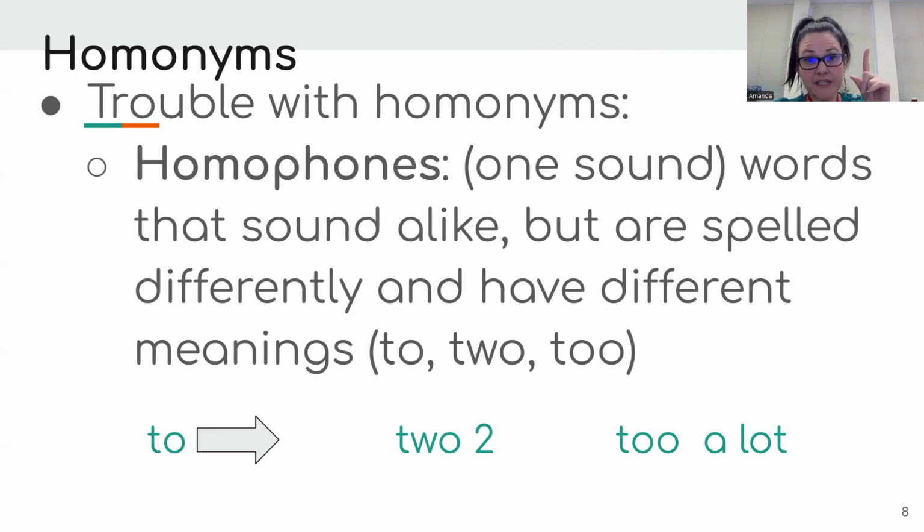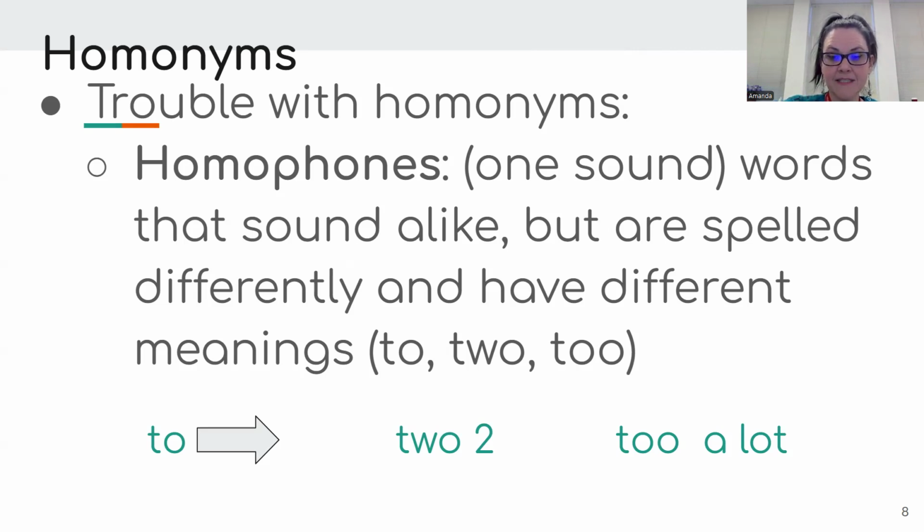The first one here, to, means movement. You usually see this with a verb. So I'm going to give this to my friend. Take this to the post office. It means movement. The second one is the number two, T-W-O. That is our English number for two.